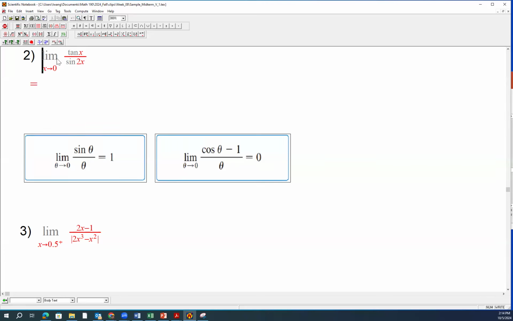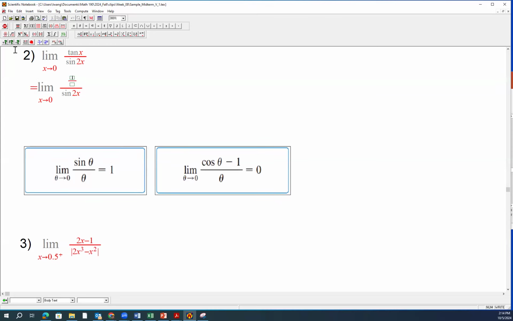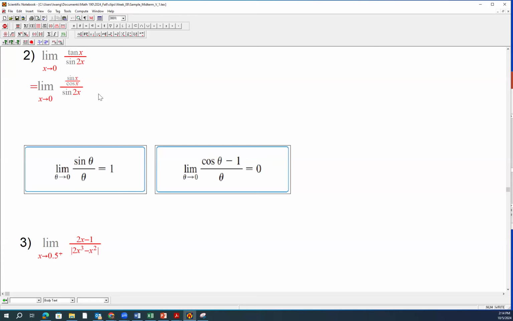So what do we do? Tangent x over sine 2x. Well, tangent x equals sine x over cosine x. I'm treating this more or less as scratch paper, and I will give you a final version of it. I want to show you how I was thinking of this process.